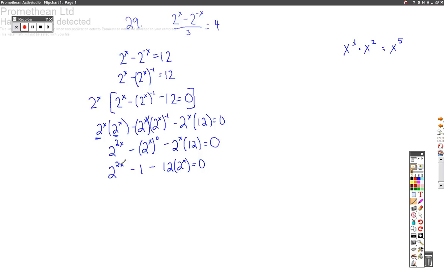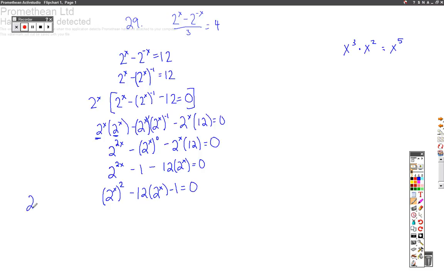Now, I have 2 to the 2x, but over here I only have 2 to the x. I'm going to rewrite this as 2 to the x to the 2. Power to a power, you multiply, so I really haven't changed anything. And then I'm going to write 12 times 2 to the x, minus 1 equals 0.